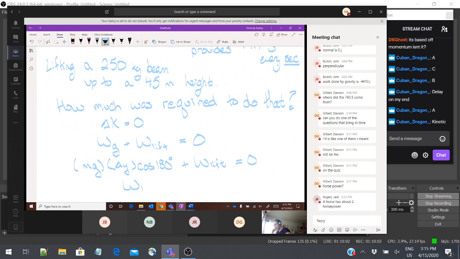The work done by our lift must be 250 kilograms times 9.8 times 45 meters. The cosine 180 gets canceled out because it becomes negative cosine 180, which becomes positive 1.